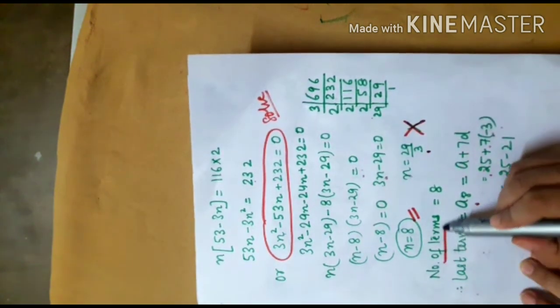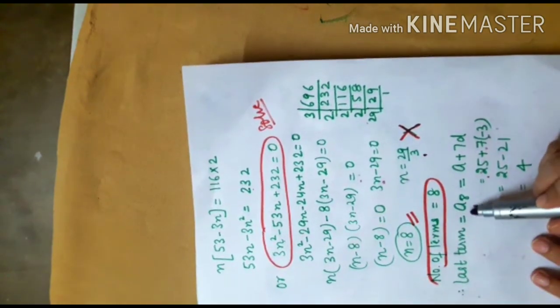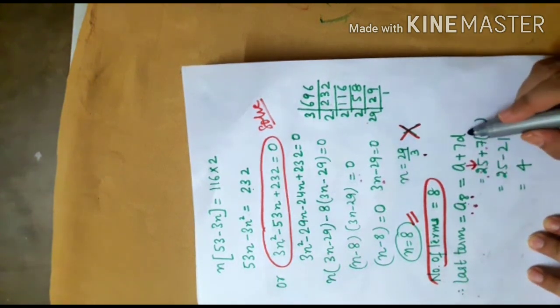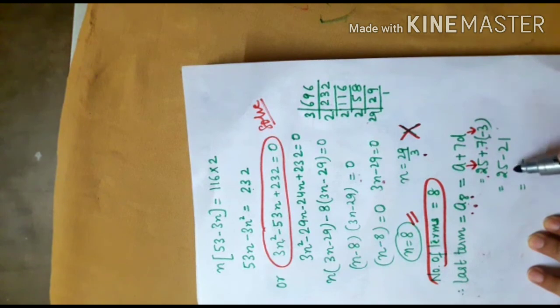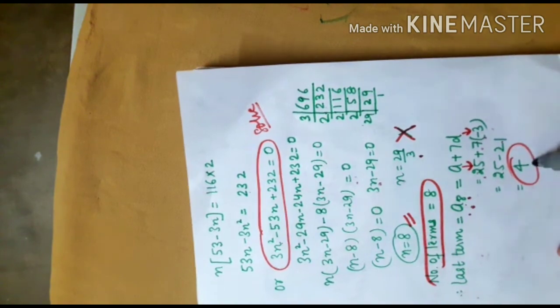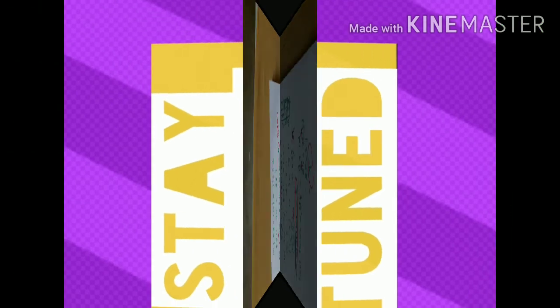So the number of terms is 8. So last term will be equal to A8, which is a plus 7d. Now a is 25 and d is minus 3. So I'll get 25 minus 21, which is 4. So last term is 4 and there are 8 terms in the AP.